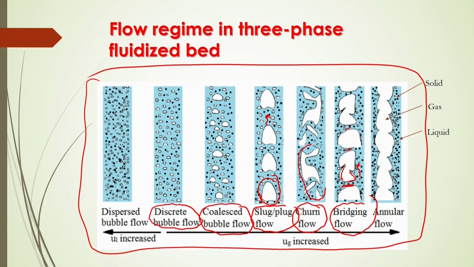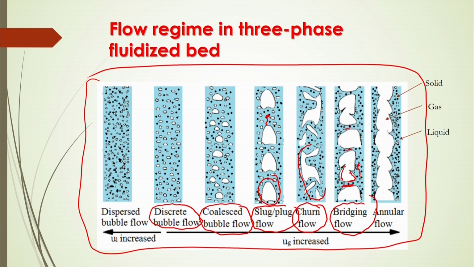In this case, at the center of the bed you will see gas will be flowing continuously without breaking of that surface, that means here continuous gas flow will be there, but the surface between gas and liquid will be such that there will be no uniform surface formation, there will be some zigzag surface formation inside the bed.